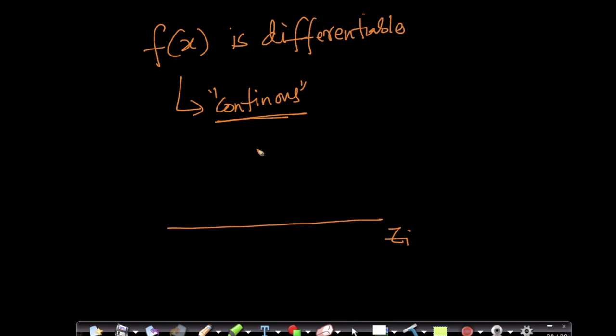If this is my Zi, how does my 0-1 loss function look? It will look like this. One thing you'll notice is there is a discontinuity at Zi equals 0.